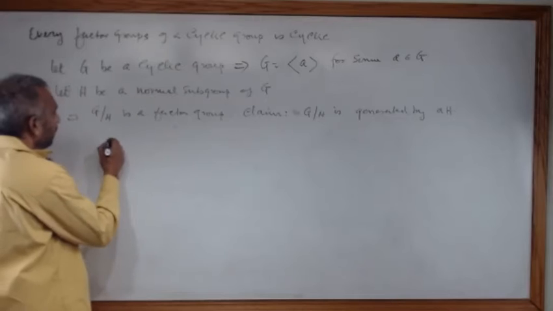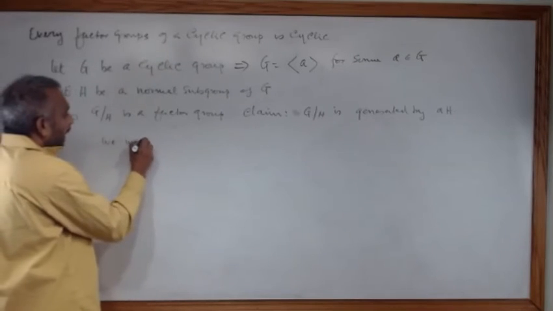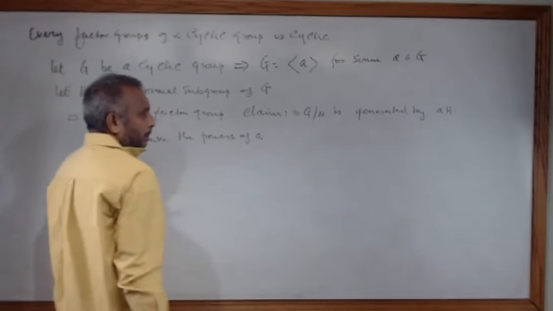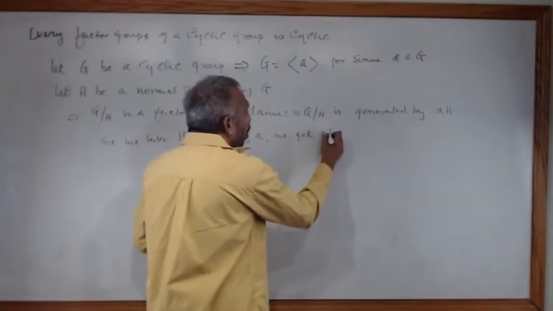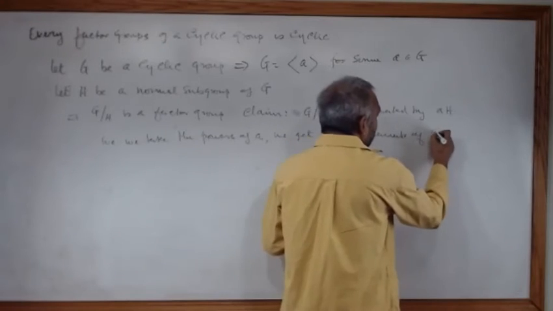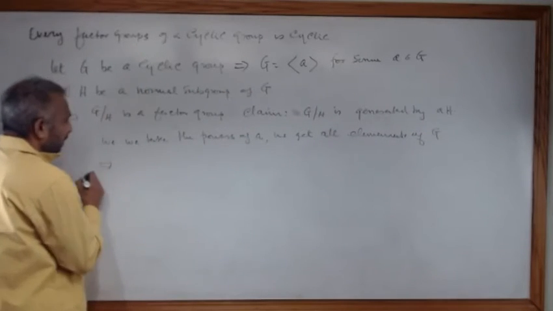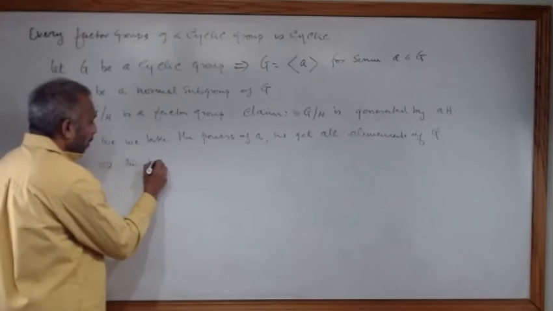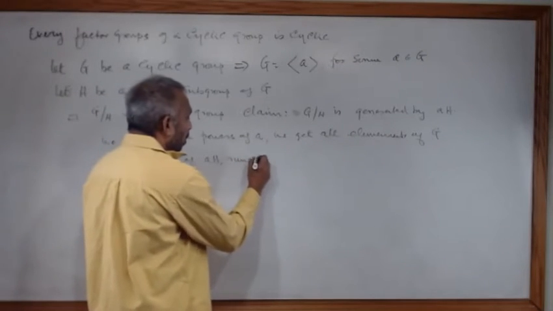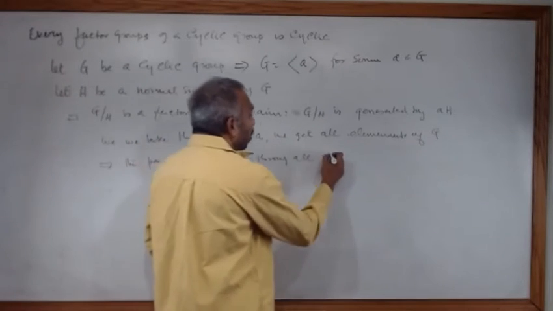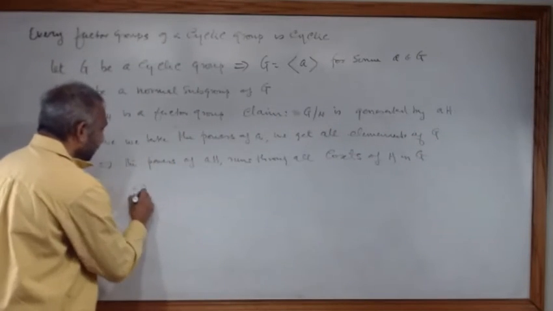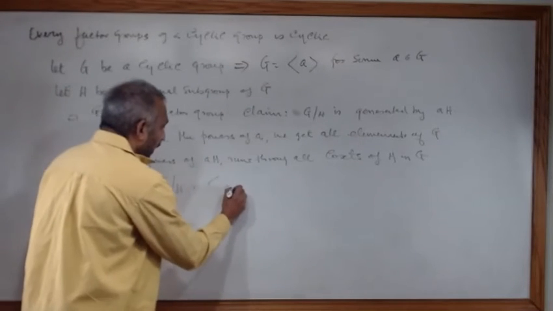That is because when we take the powers of A, we get all elements of G. So that implies the powers of AH run through all cosets of H in G. And that implies G over H is equal to the group generated by AH.